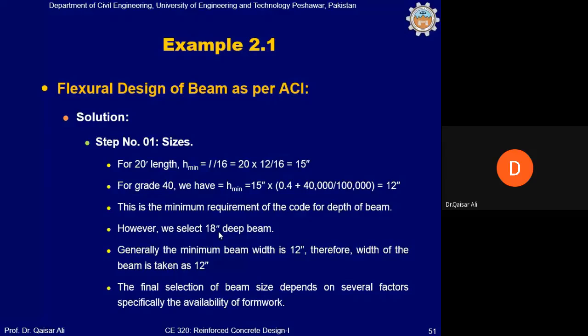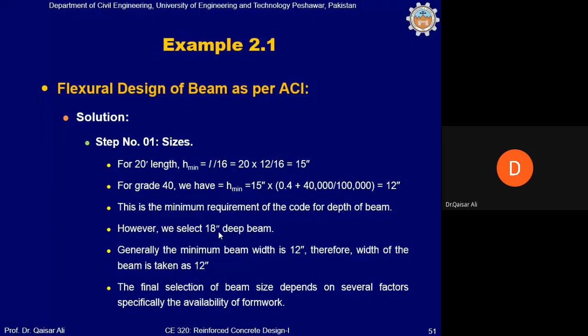The other is that deflection will be controlled very well, because the L by 16 equation gives us a minimum depth according to the ACI code. So if we assume a slightly greater depth than this, it will further improve the performance of the beam in deflection control. So these are the advantages.